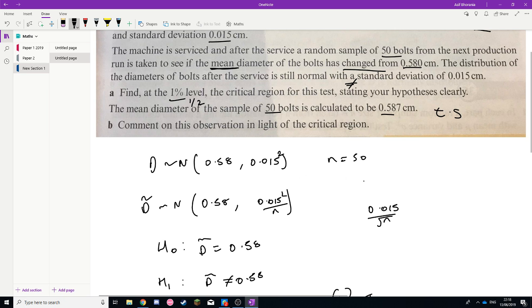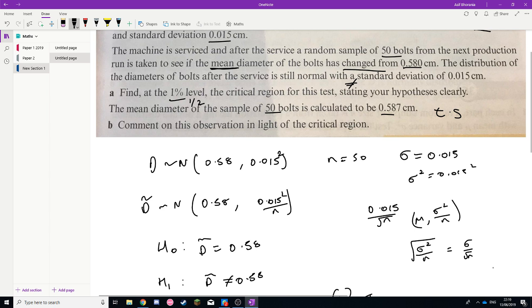So what I'm trying to say is, originally our standard deviation was 0.015 and our variance was 0.015 squared. Our new variance is sigma squared over n. Therefore, our new standard deviation is the square root of sigma squared over n, which is sigma over square root n.